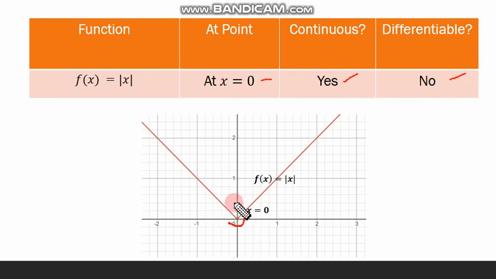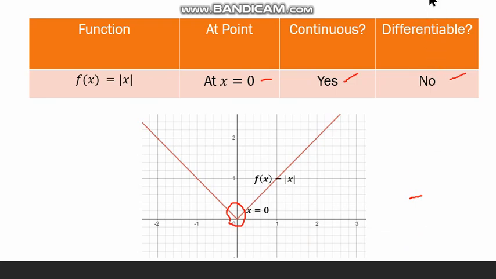We can see a sharp corner at x equal to 0, producing a different value of the derivative from the left side and from the right side of the function. So again, the function is not differentiable at x equal to 0 for our given function, absolute value of x.